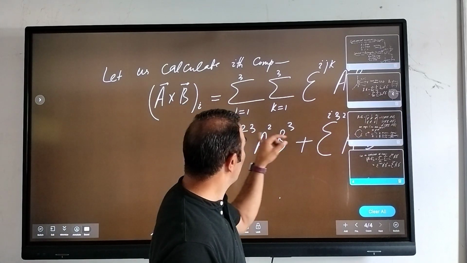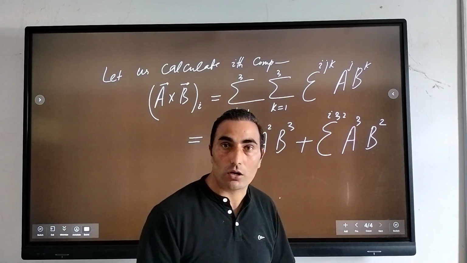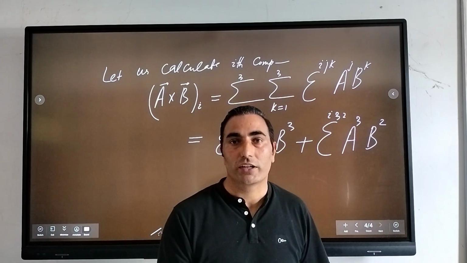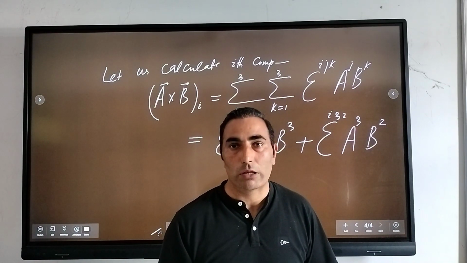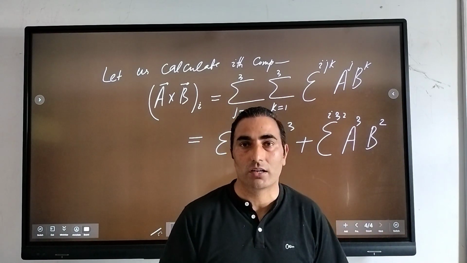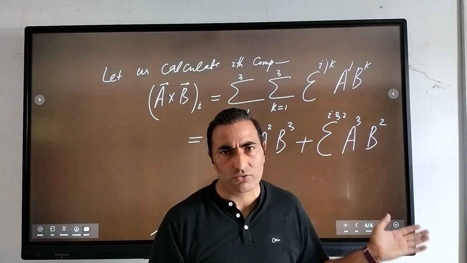Or if I put 2 2 3, that is also equal to 0. Right? So the only possibility for this i is that it can be equal to 1. Because if I take i as 2 or i as 3, then in both cases epsilon i 3 2 or i 2 3 will be equal to 0. So that's very clear, right?